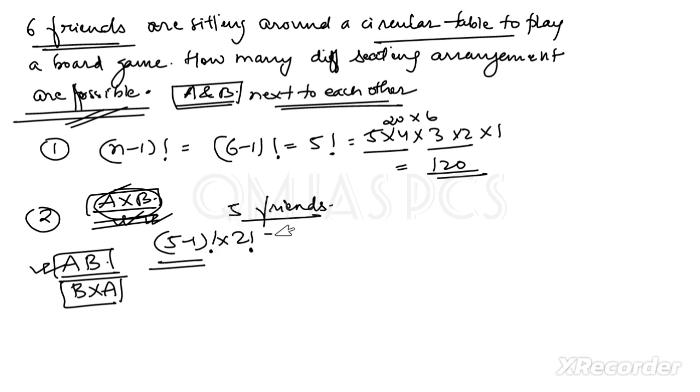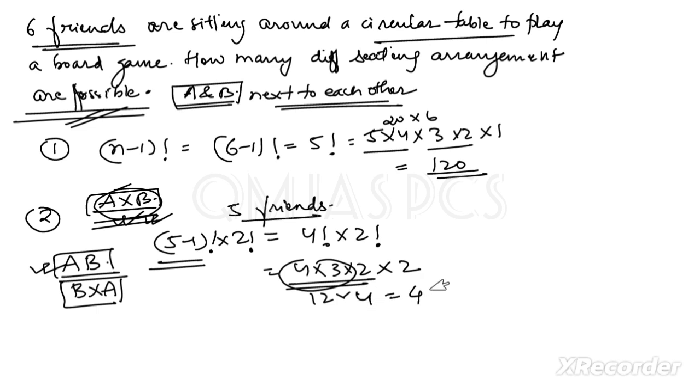So here it will be factorial 4 multiplied by factorial 2, that is 4, 3, 2 and this 2. So here it is 12 multiplied by 4 and that will be 48. Is it clear? So 48 will be your answer for this condition question.